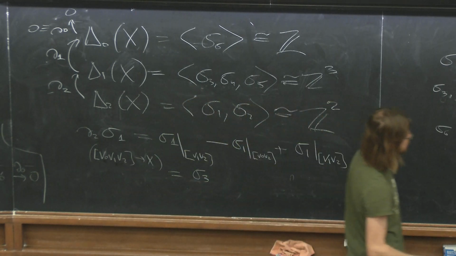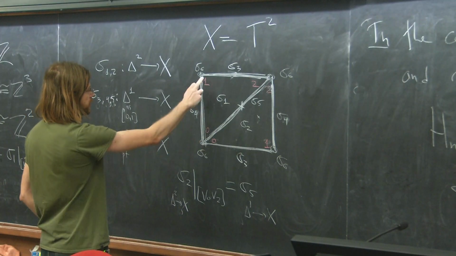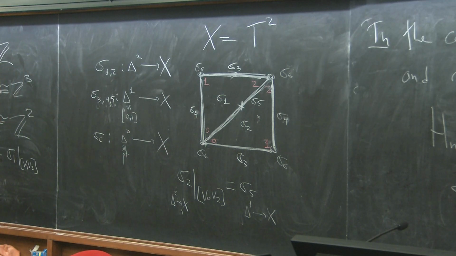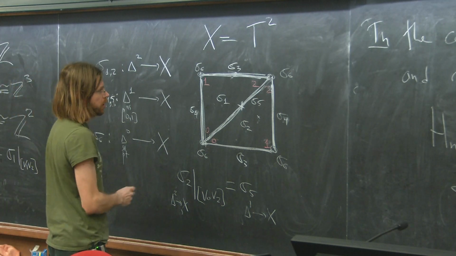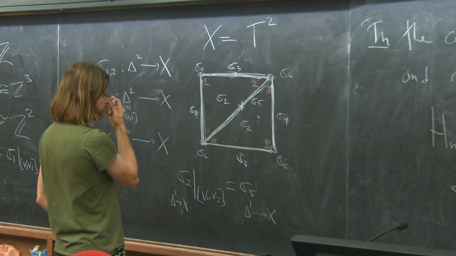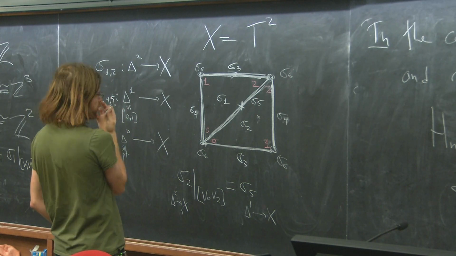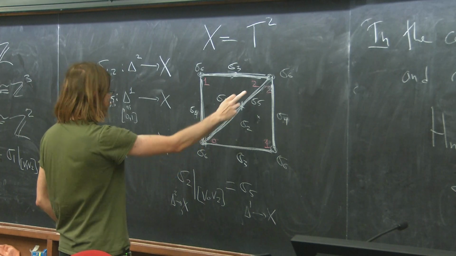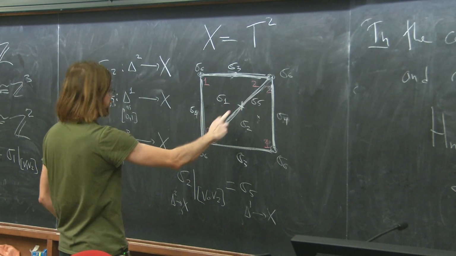Sigma 1 restricted to V0, V1 will be sigma 4. And finally, sigma 1 restricted to, sorry, that's not true. Sigma 1 restricted to V0, V2 was sigma 5, actually.